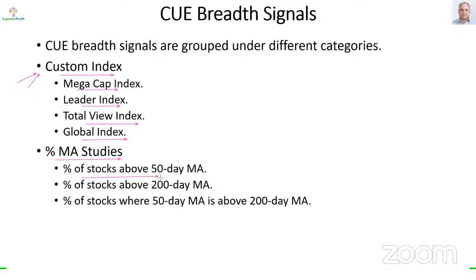So percentage of stocks above 50-day MA, above 200-day MA, and percentage of stocks where 50-day MA is above 200-day MA. We have three indicators in this category, percentage MA studies. So custom index, percentage MA studies. Then we have more categories.